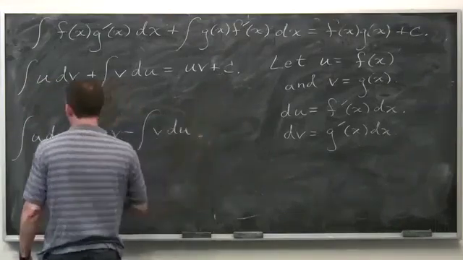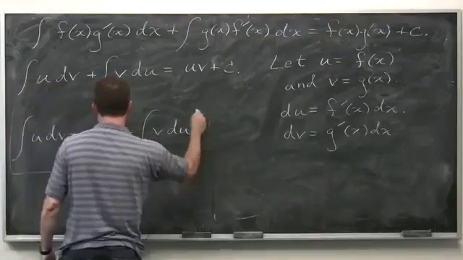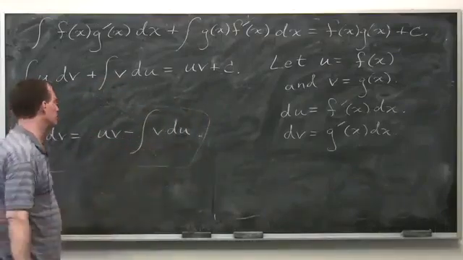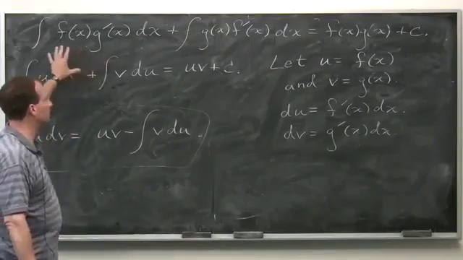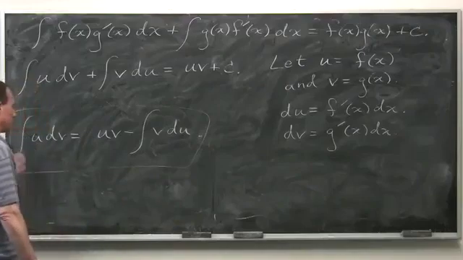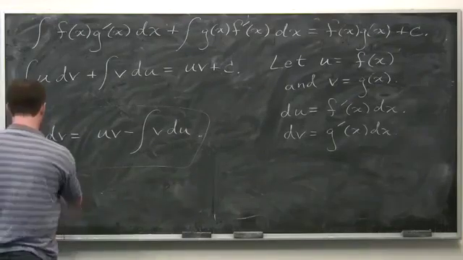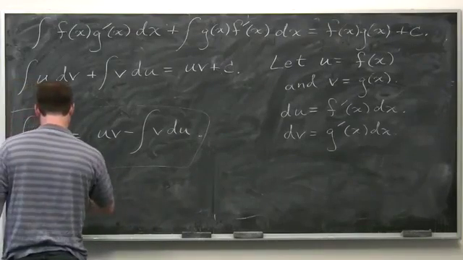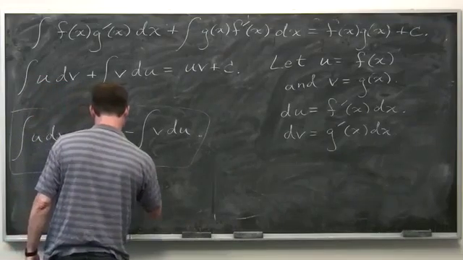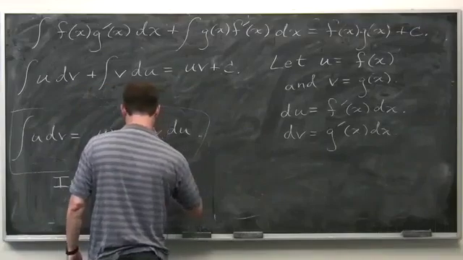And you don't need to bother writing the plus c, because now that there's an indefinite integral on this side, it already includes a plus c. Before we had two plus c's on the same side. But you get this. This is what most people memorize as integration by parts. It is the product rule in reverse, for antiderivatives.